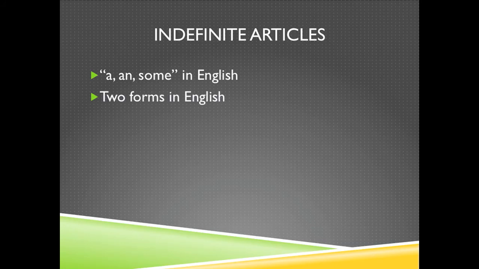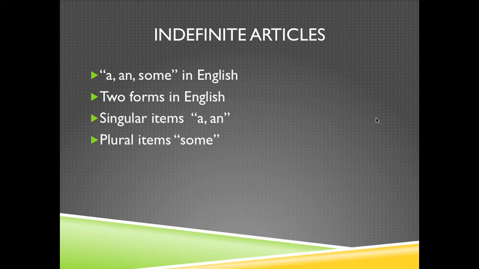Indefinite articles, finally. Indefinite is, in English, a, an, or some. And there's only two basic forms. For singular items, you use a or an. And for plural items, you'll use some.